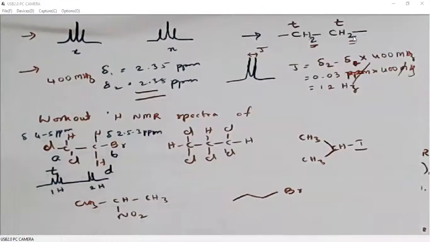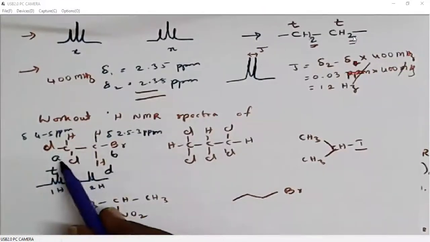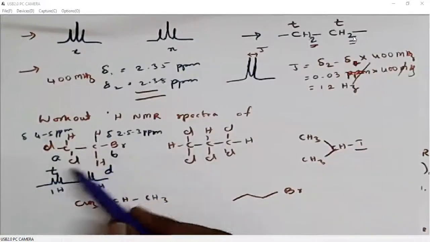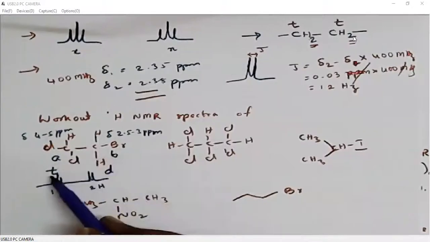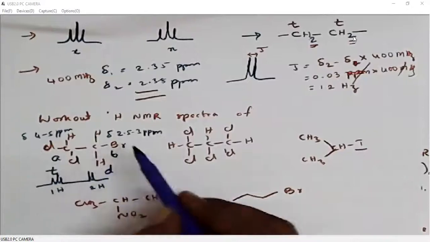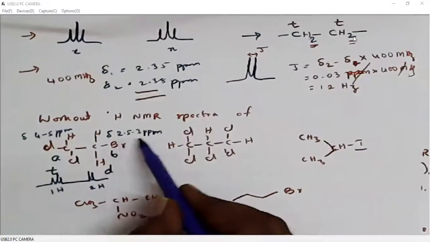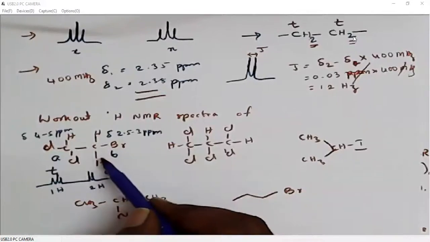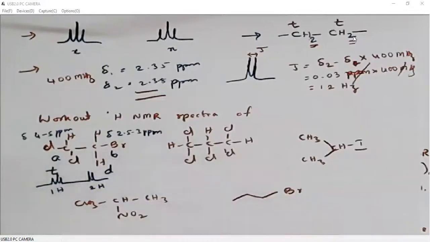So this is how, when a compound is given, first we need to predict the order of frequencies. We will give A, B, C, D. Then we will predict the multiplicities, either doublet or triplet or quartet. Then we will also look at the possible delta values based on the electronegativity or hybridization or anisotropic effect.